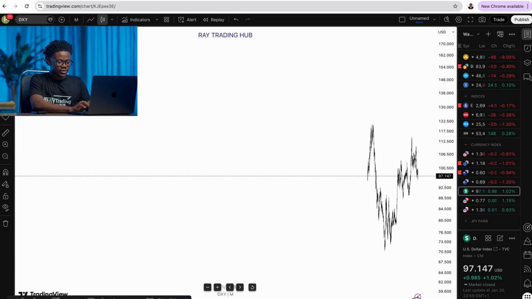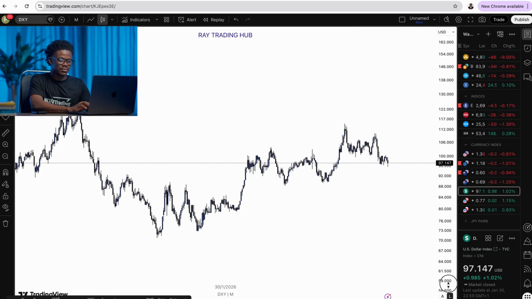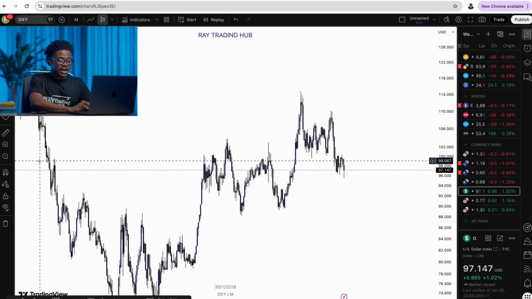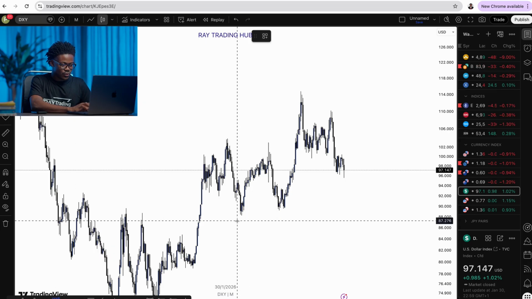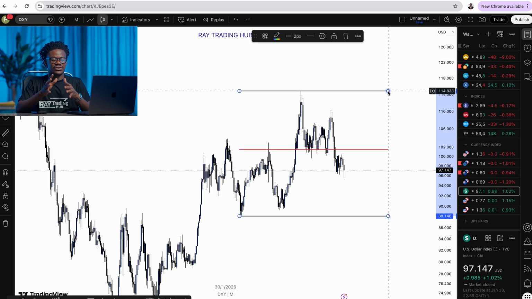You can see that the dollar index is very much bullish on the most immediate trend. So the most immediate trend on the dollar index is bullish. If we are to use our Fibonacci to go from, let's say, this swing low to this swing high, we'd see that price is currently trading at a discounted price.